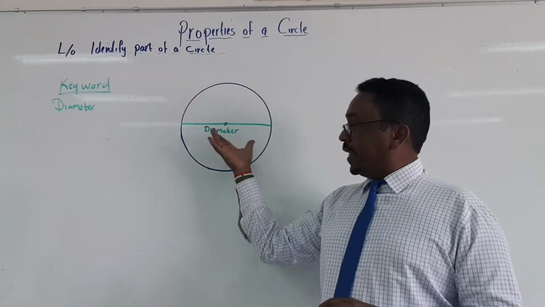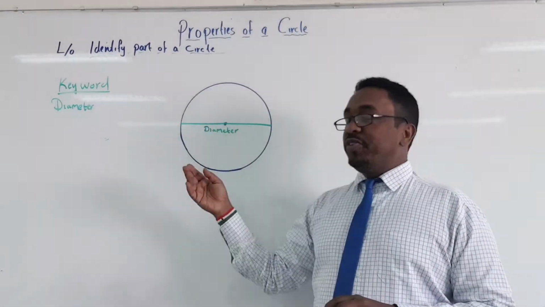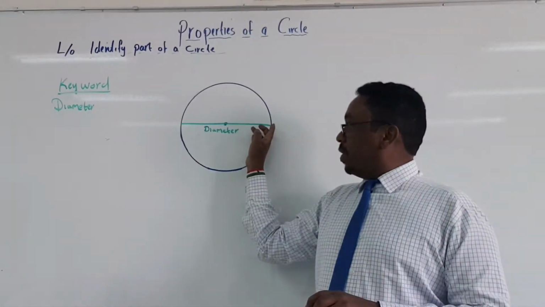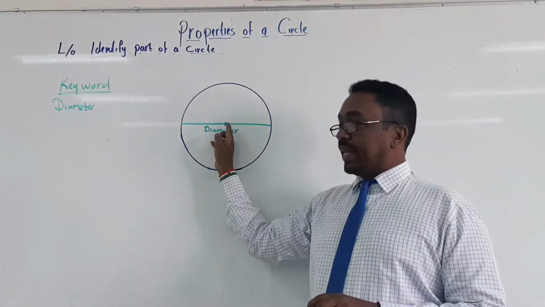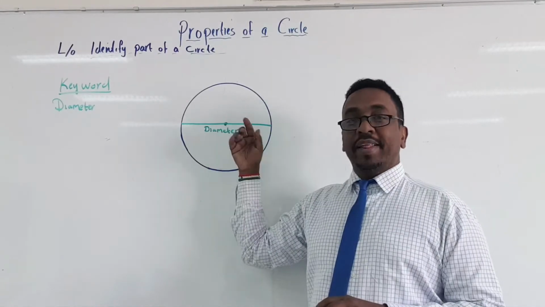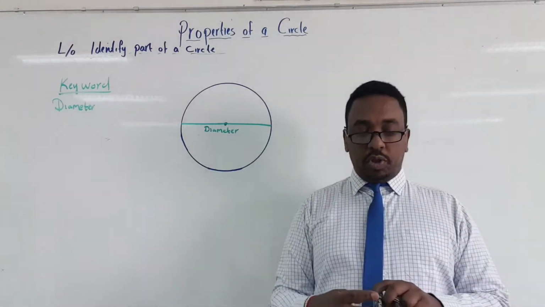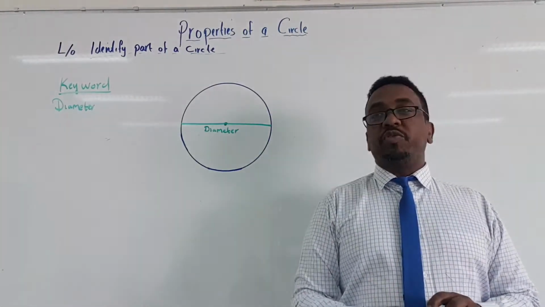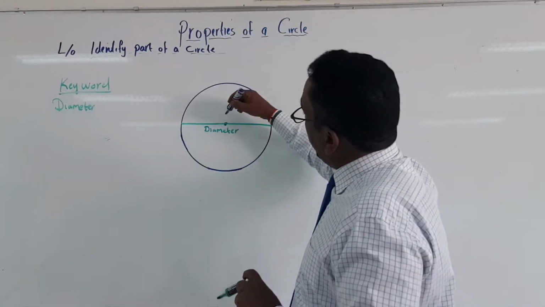Now, if we look at this line and we look at only half of it, or if we ask, what about the line which starts from one end of the circle and reaches only the center, it stops there. In other words, it is half of the diameter. Anybody know what we call that? Yes, we call it the radius. So the line could come from anywhere.